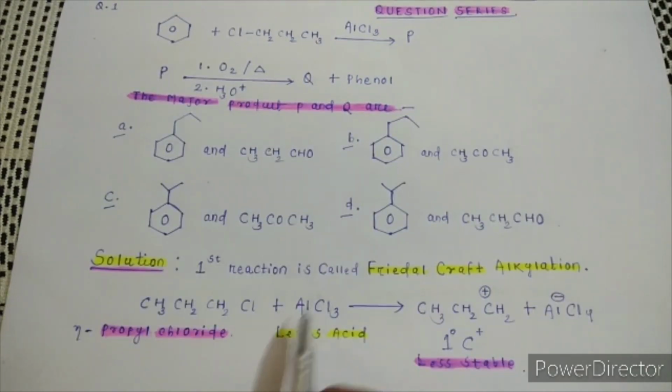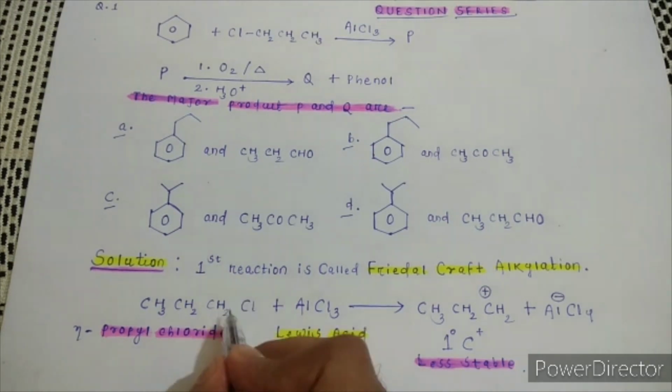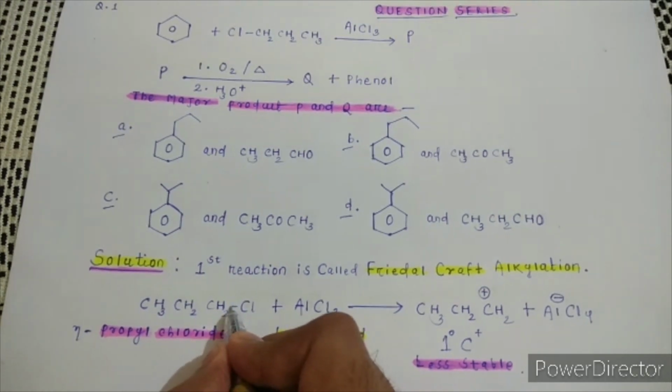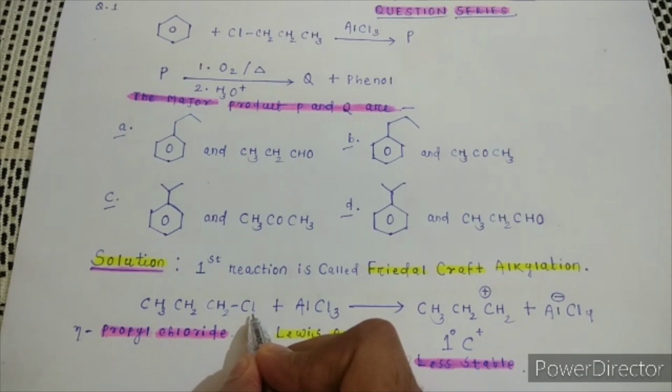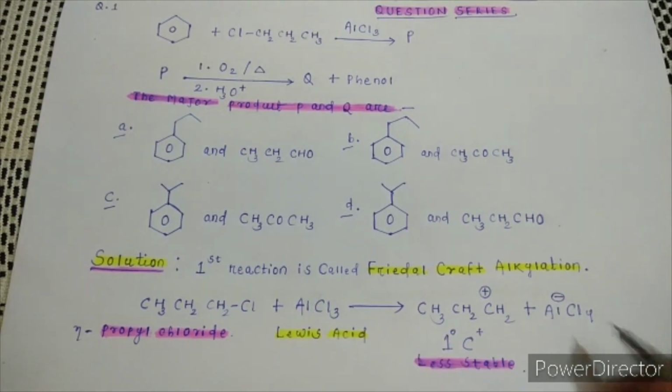AlCl3 is a Lewis acid, meaning electron deficient, and Cl has a lone pair of electrons. So Cl and AlCl3 will form AlCl4-. Cl will take the bond pair of electrons and react with AlCl3 to form the AlCl4- ion, with a carbocation, which is a 1 degree carbocation.